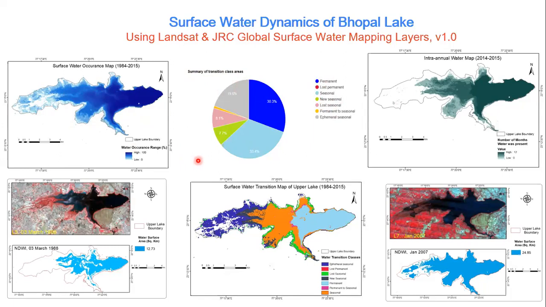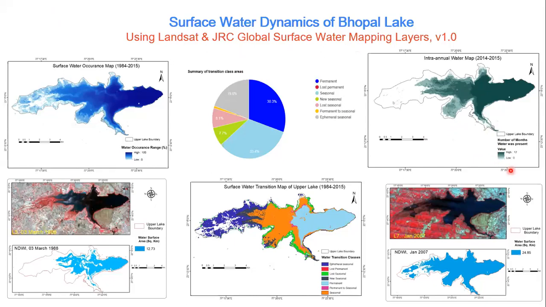Like this, you can get your own analysis of your own area, if you're working in Maharashtra or any other area, or if you want to analyze surface water, like in the past 30 years, what was the availability of surface water, lakes, ponds. You can directly analyze those areas with the help of JRC global surface water mapping.